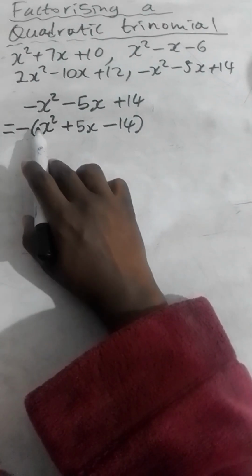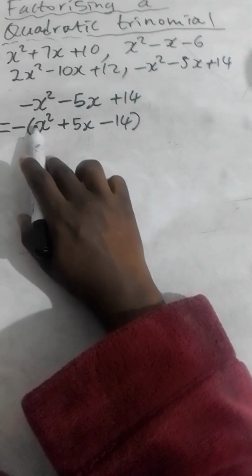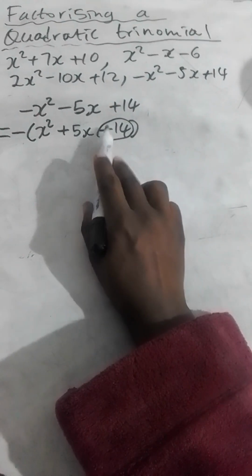And then from there, we will look at the expression in the bracket because it is in the desired form. The coefficient of x squared is 1. So we will need factors of negative 14. Don't forget to take the sign there as well. So we're going to find factors of negative 14 that will add up to give us positive 5. So we'll start with negative 14 divided by 1 is equal to negative 14.